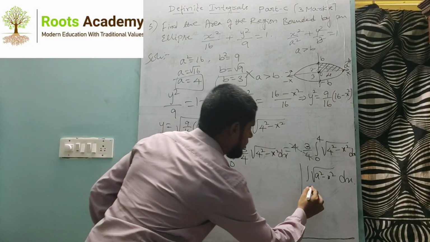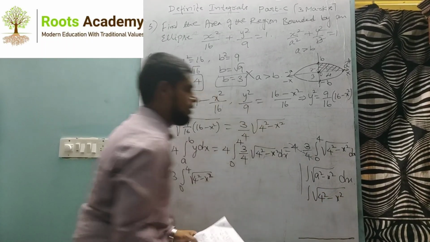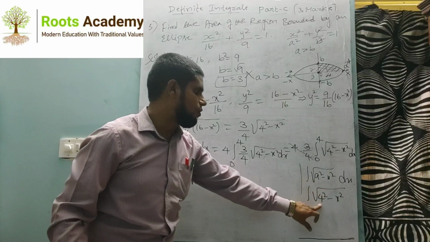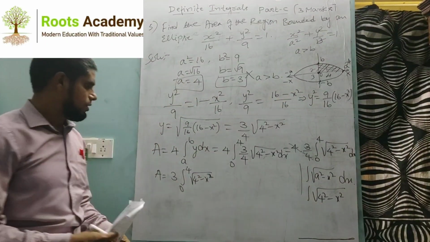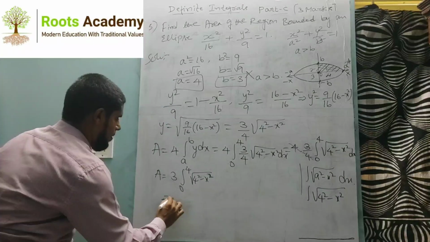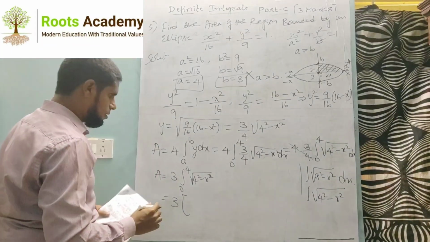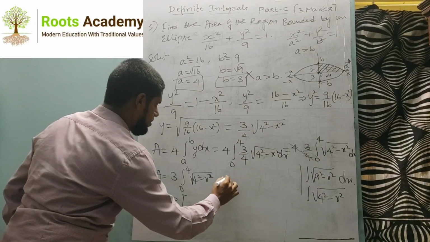Student, here compare this with this. Here I have 4 square minus x square. So in place of a I got 4. In place of x I have x. So direct answer is this, 3 as it is. I will write the answer here.